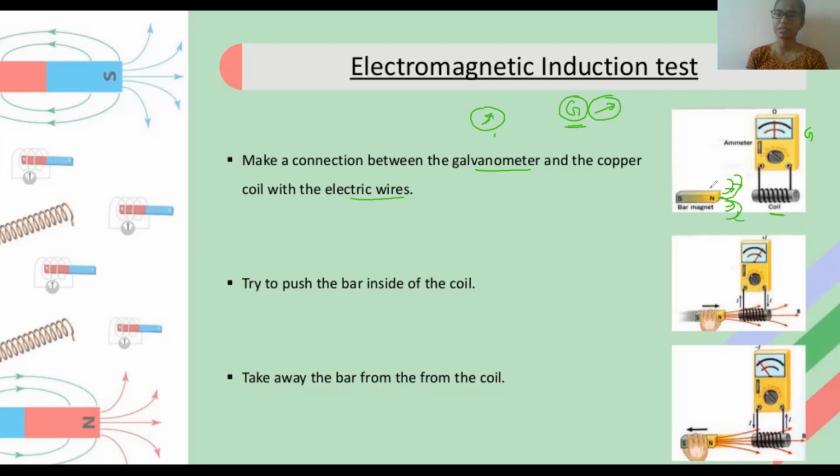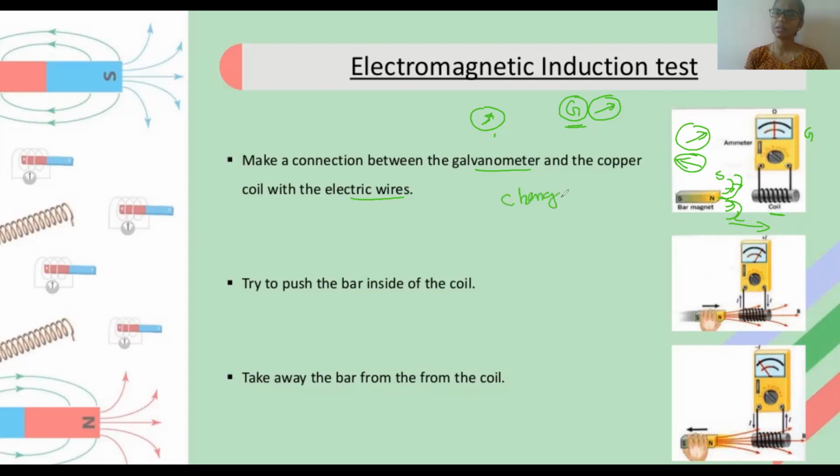When you bring this bar magnet near to this coil, at that time you can see the deflection in the galvanometer. Or else, when you change the polarity and bring the south pole, you can see the deflection in the opposite direction.